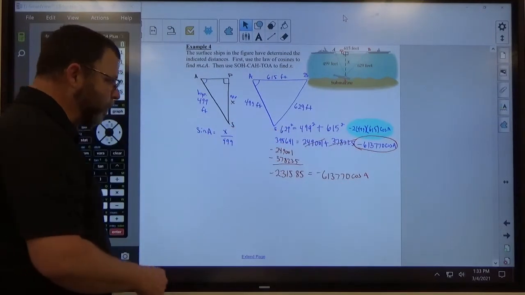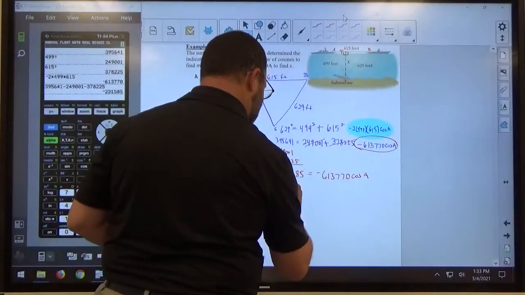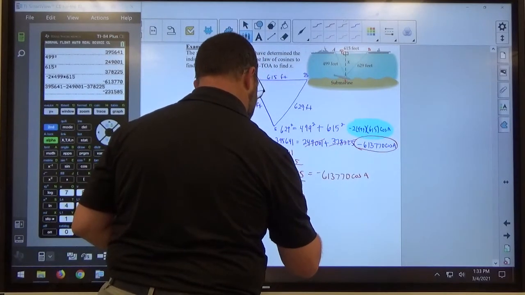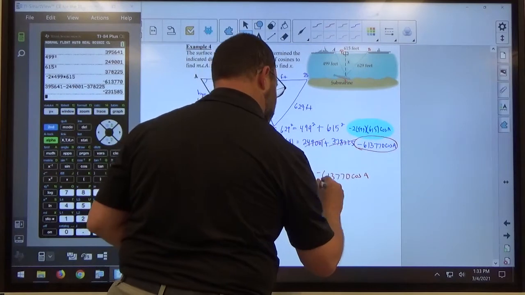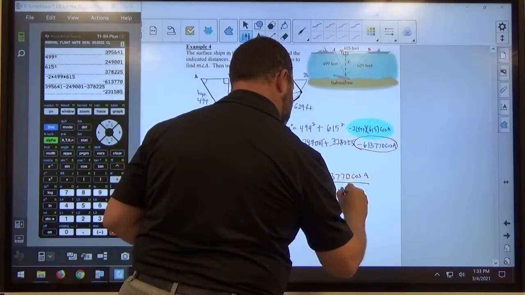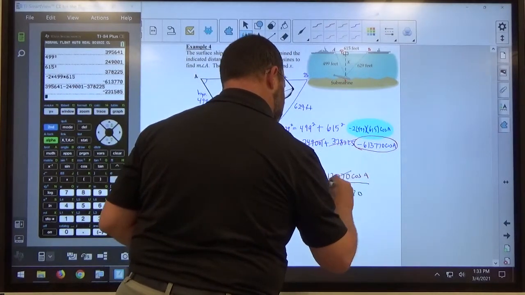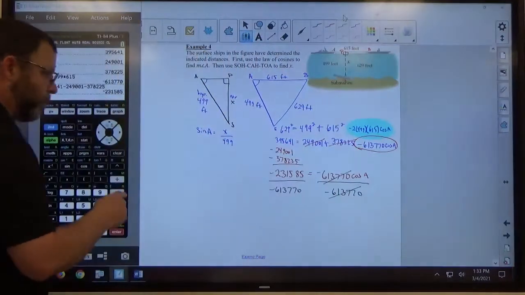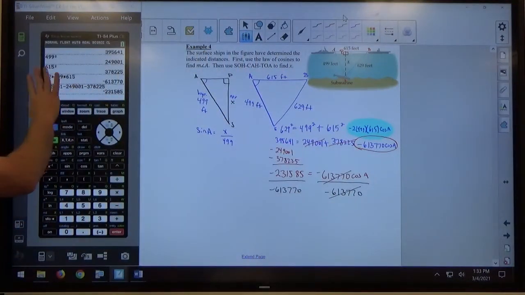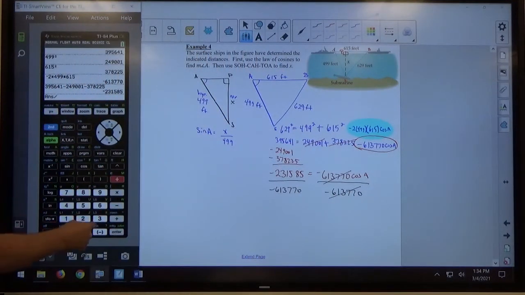So now when I divide both sides by negative 613,770, I'm just going to get negative 231585 already in my calculator divided by negative 613,770 equals.